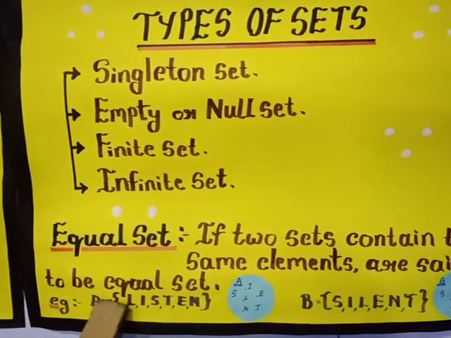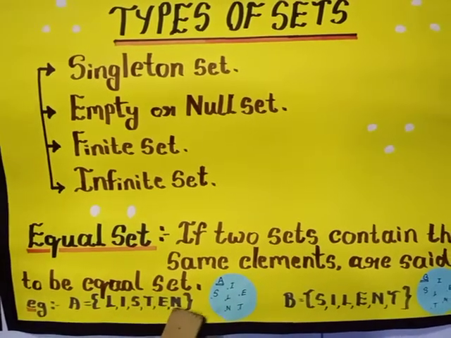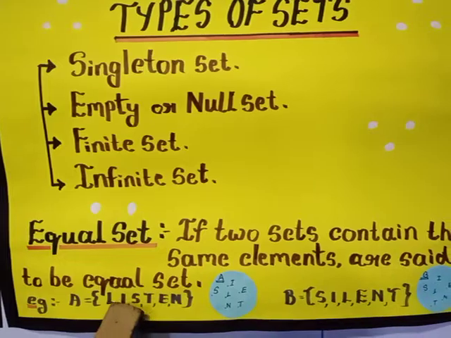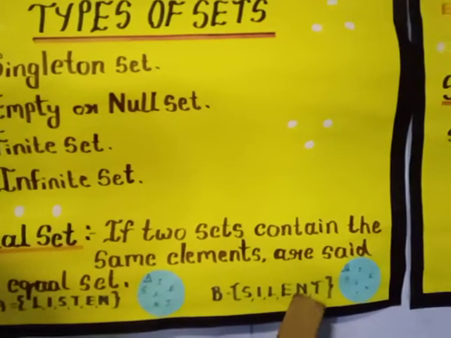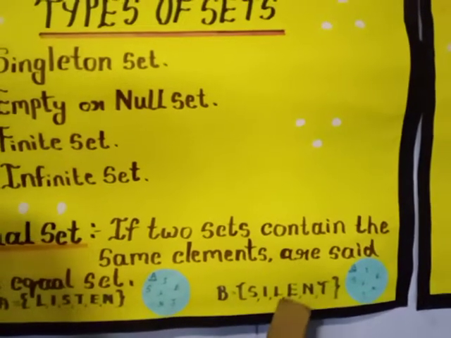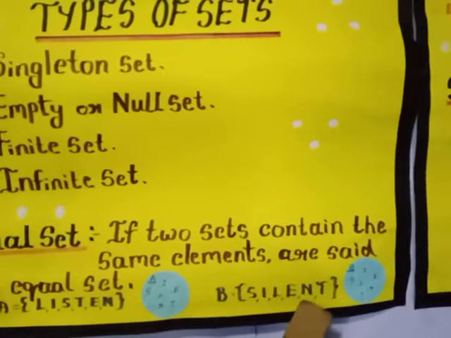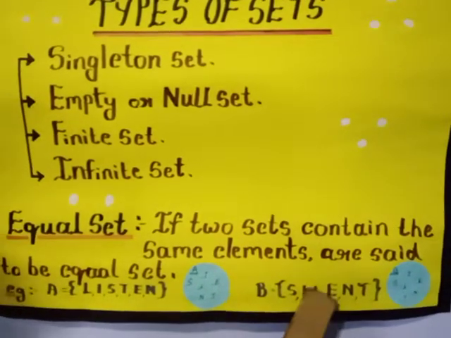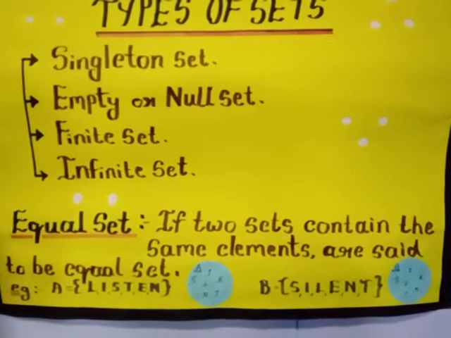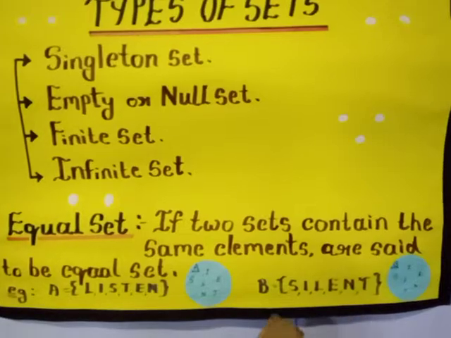Set A is given as L, I, S, T, E, N. These elements are the letters of the word listen. And set B is given as S, I, L, E, N, T. This is also a set containing the letters of the word listen. Each and every element of these two sets is the same. So we can say set A and set B are both equal sets.